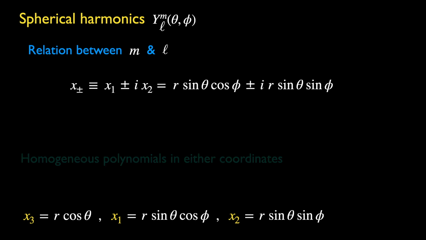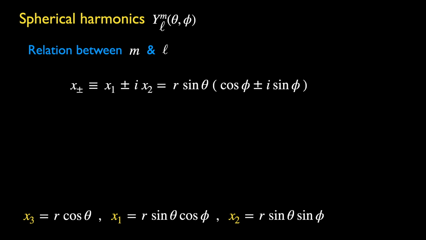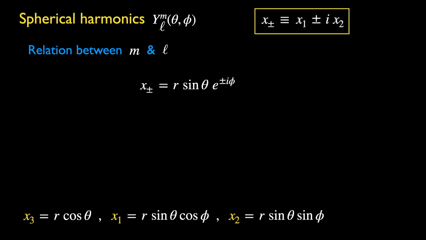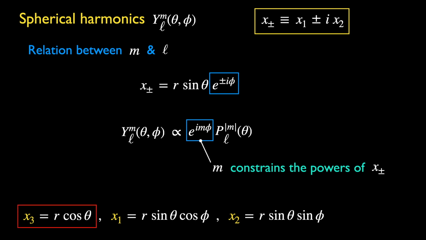This can be written in the following form, in which the relation to the eigenfunctions of L3 is made explicit. It is clear that the value of m must put a constraint on the powers of x plus and x minus within the spherical harmonics. x3 is not constrained because it is independent of the angle phi.